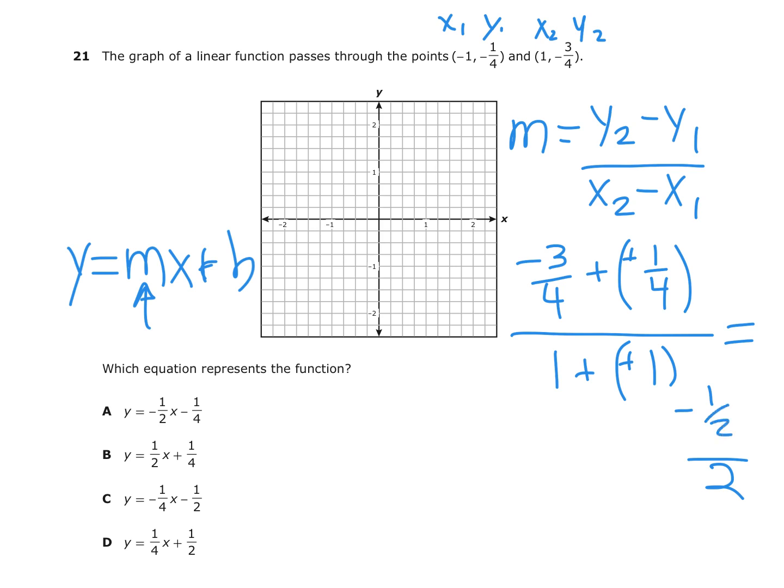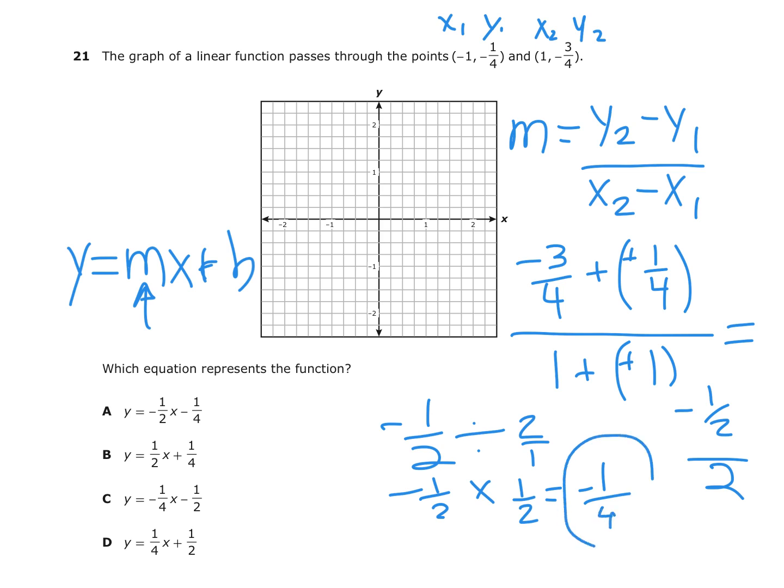So I have negative 1/2 divided by 2, which is the same thing as negative 1/2 times the reciprocal of 2, which is 1/2, and that would be negative 1/4. So I'm looking for a slope of negative 1/4 for number 21.